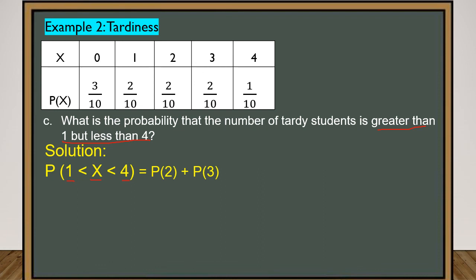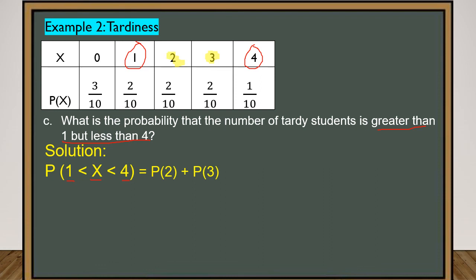From our values, we only have 2 and 3. 1 and 4 are not included because x is greater than 1 and less than 4. So 2 and 3 are greater than 1 and less than 4.